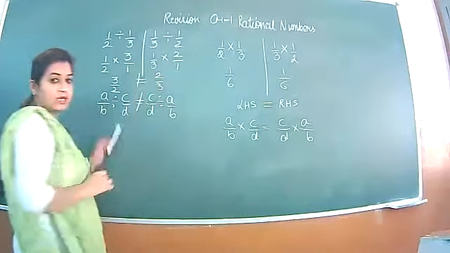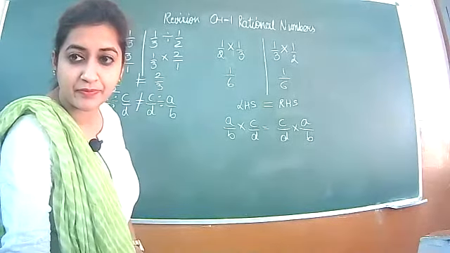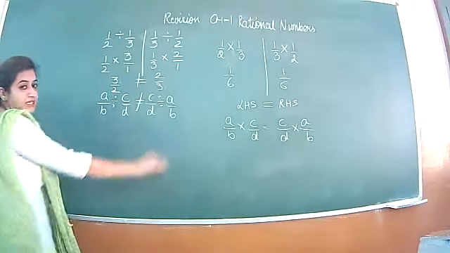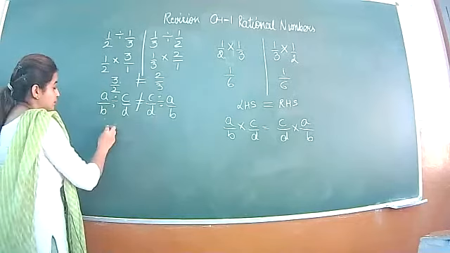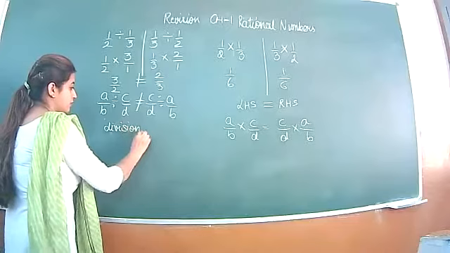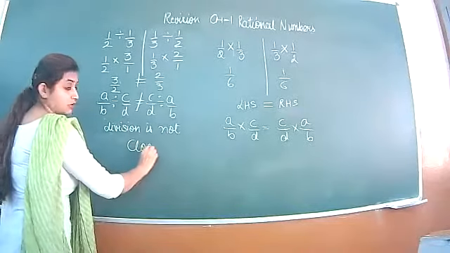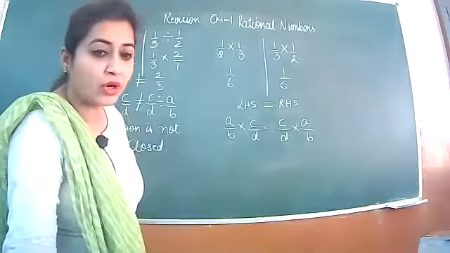They are not equal. So a/b divided by c/d is not equal to c/d divided by a/b. That means they are not equal. So division is not commutative.